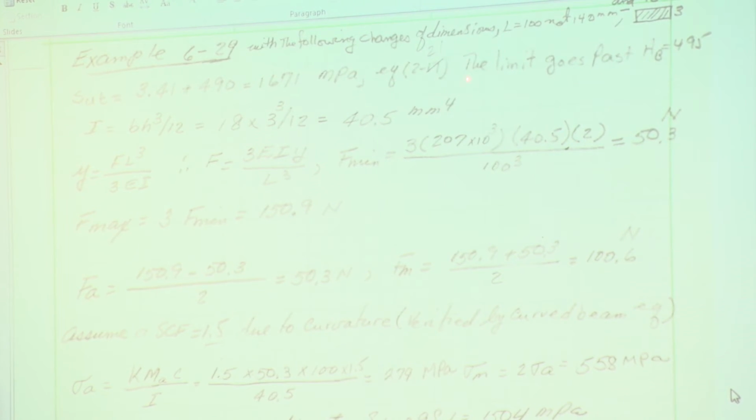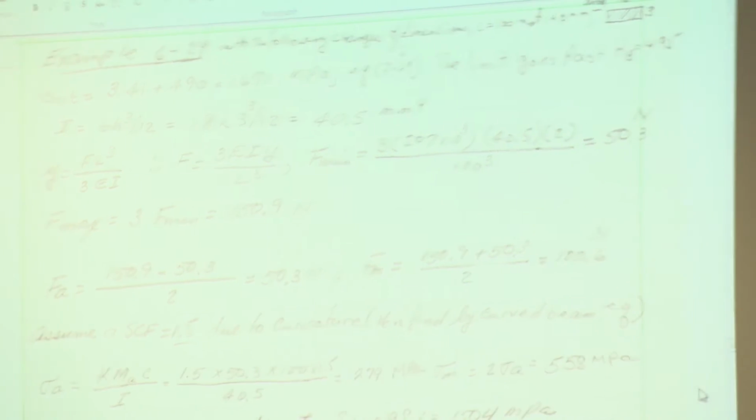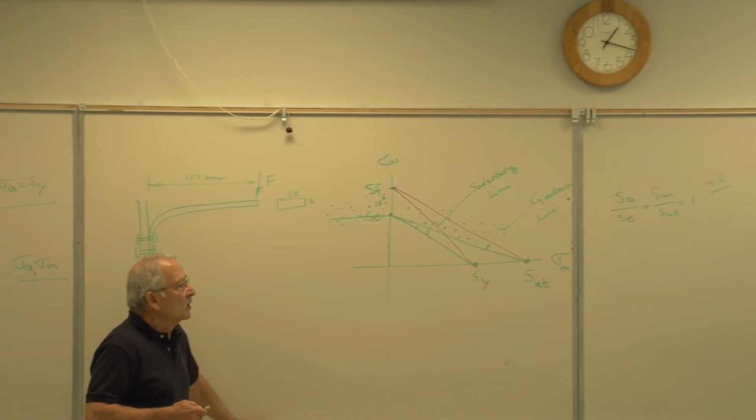I've used this equation, although it goes a little bit past 495, which is the maximum that you have for the Brinell hardness. But let's use that anyway, 1671. Moment of inertia of the cross-section. This is your cross-section. You find its moment of inertia, 1/12 bh cubed, 40.5.